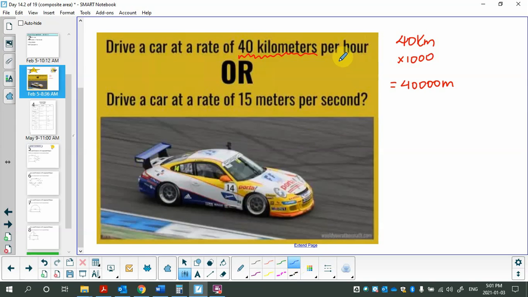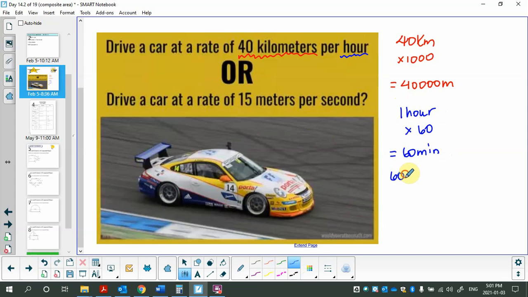Next calculation is the per hour, and this one might be a little bit simpler for you, and that is per 1 hour. If we times 1 hour by 60, that will give us minutes.